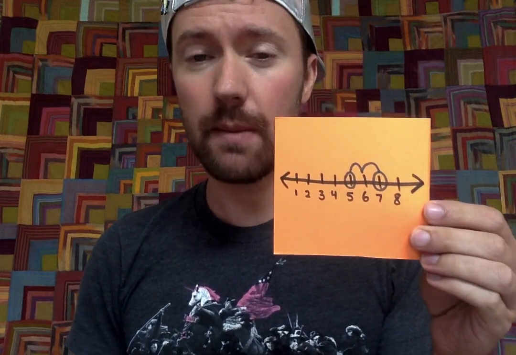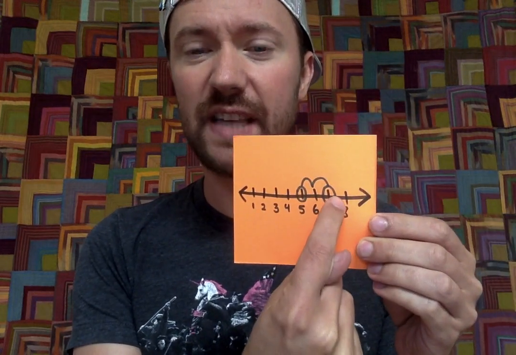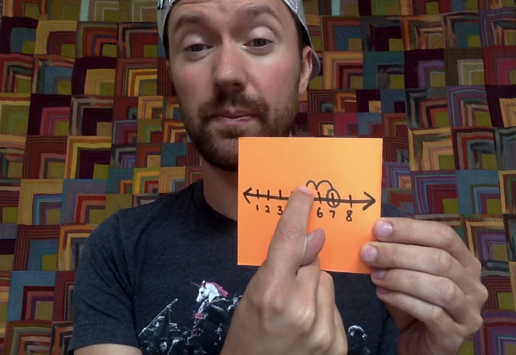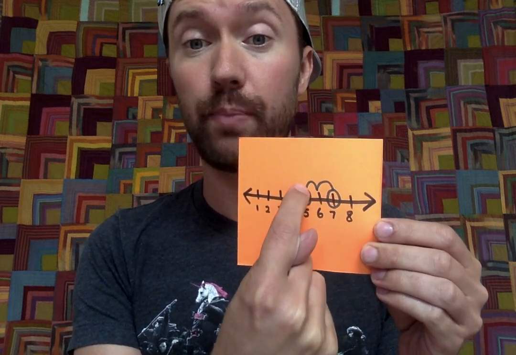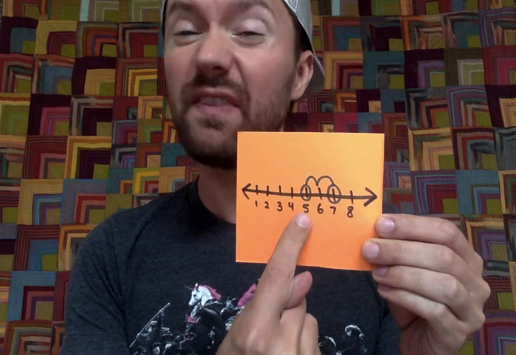Now, I'm going to do it the other way, where you start with a whole, you take one of the parts away, and you're left with another part. So if I look at my number line, if I start with a whole of 7, and I take 2 parts of that 7 away, what's left is a part of 5. So that might sound like this.